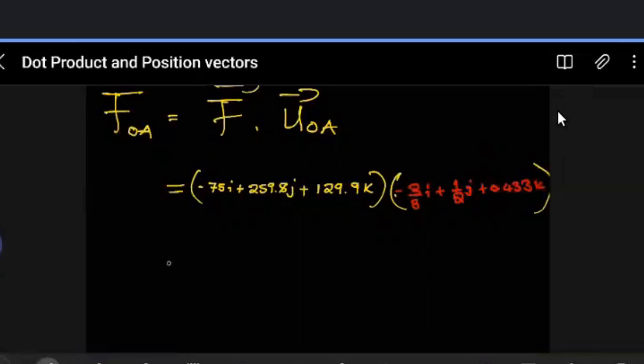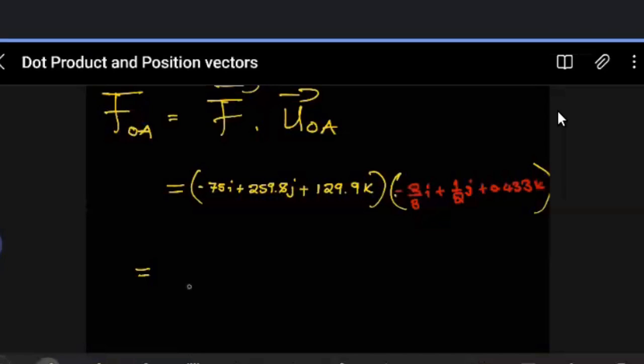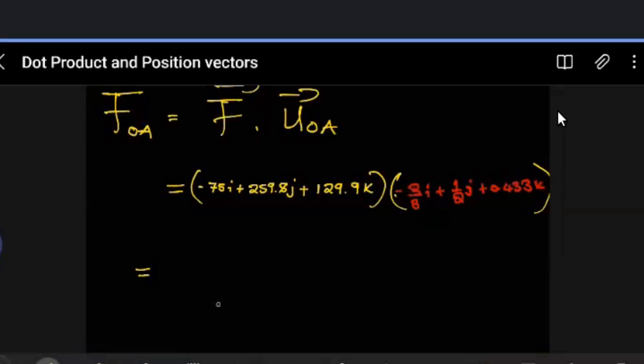What will be the first term? 75 multiplying 2 over 3. Is it 50? No, it's giving 112.5. You said divide, or you said multiplication, sorry. Is it 50? Yes. 50. Negative and negative will make this positive.